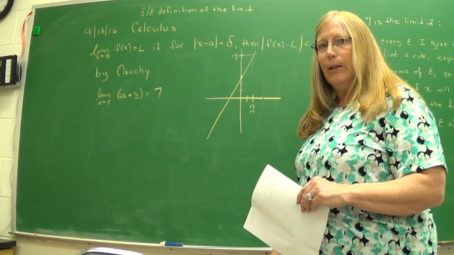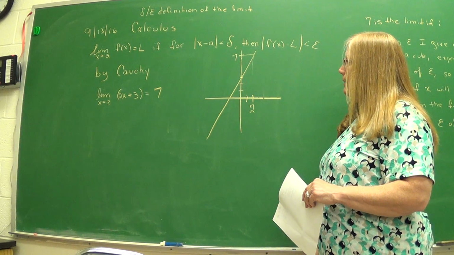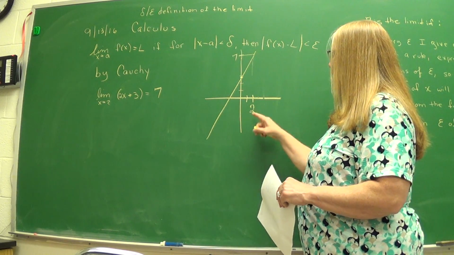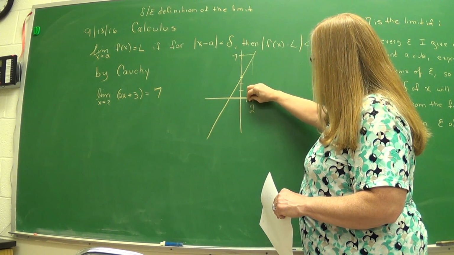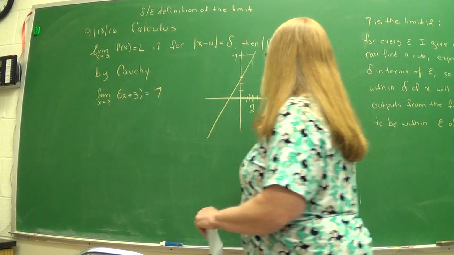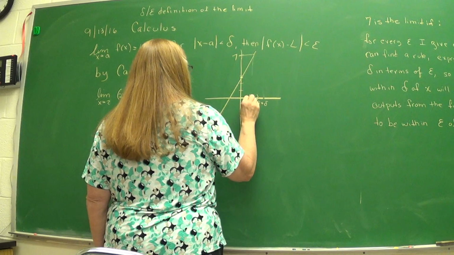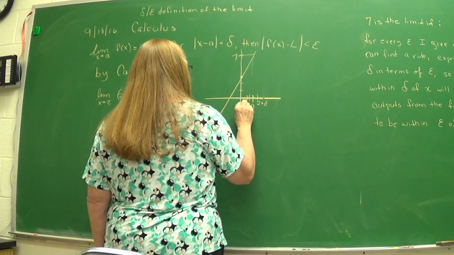So graphically we have an idea of what we're looking at, and that is true if for every x, which is delta away from 2, so here we go 2 plus delta, and over here we have 2 minus delta.